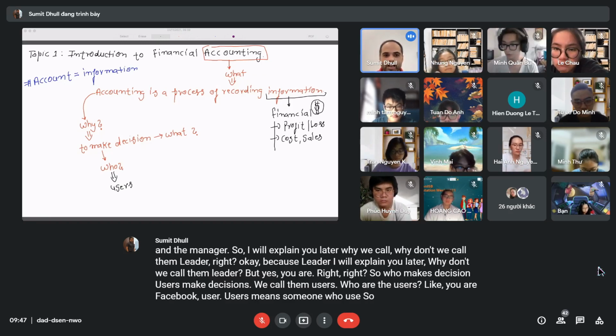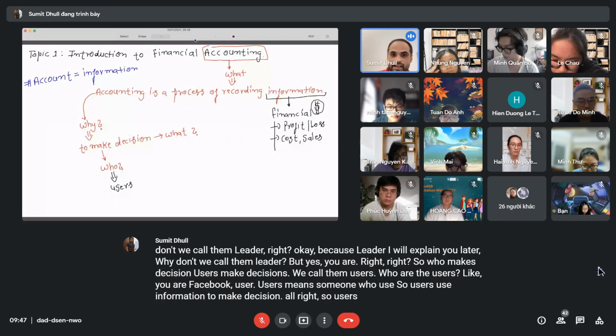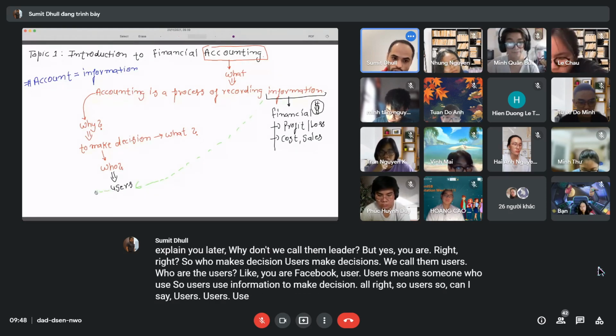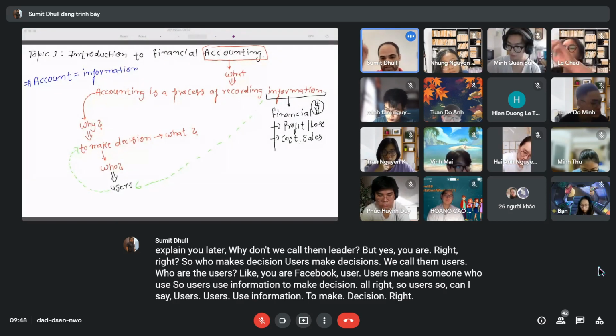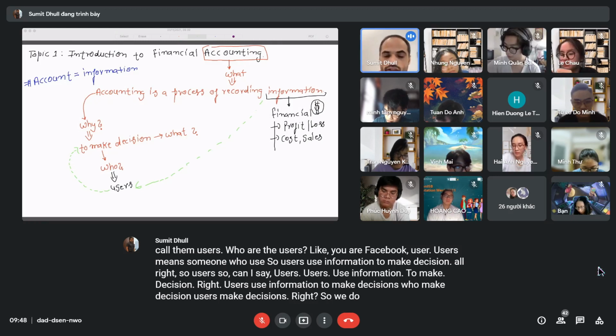So users use information to make decisions.